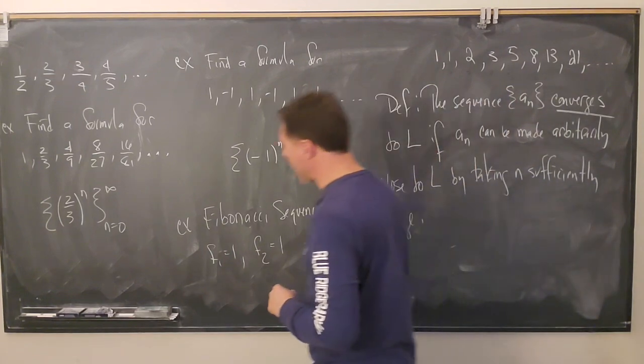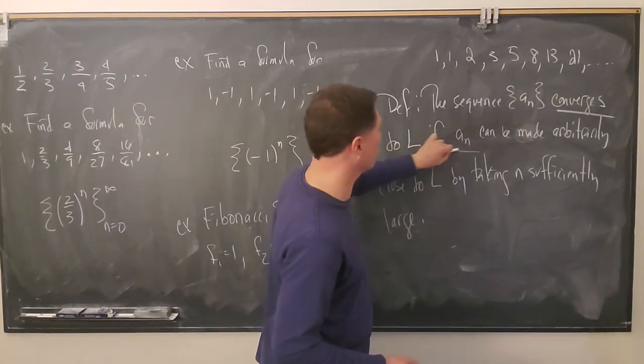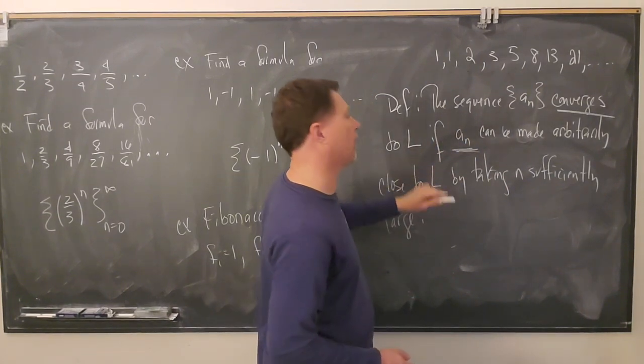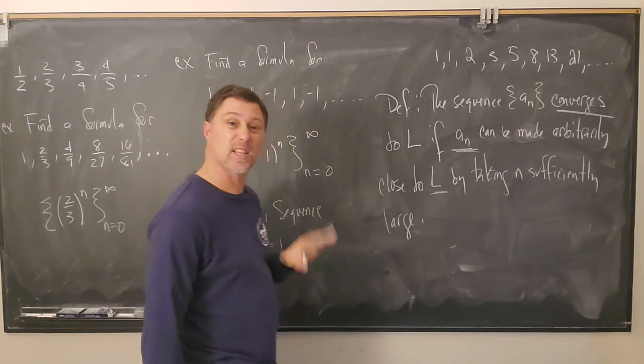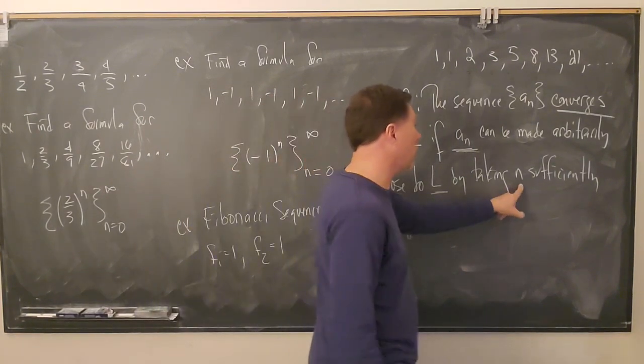Okay, so that's kind of a mouthful. What is it saying? It's saying that the terms, the a sub n's, can be made as close as you like. When we say arbitrarily close, what we mean is as close as you like, closer and closer, by choosing n large enough.